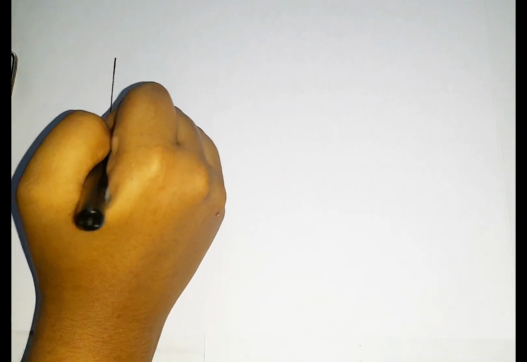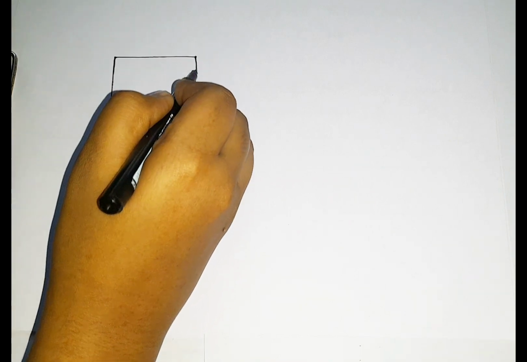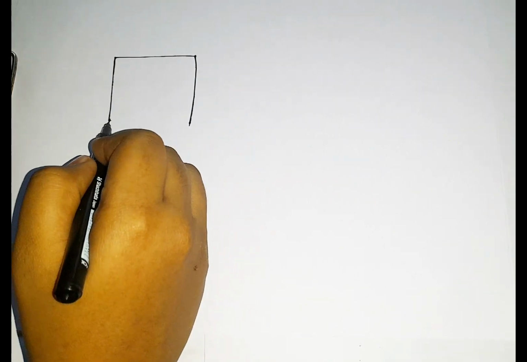To understand that, let us draw the figure again here, then only you will understand. I'm not going to use a scale right now. I'm going to draw a rough figure. So we are supposed to draw a cube, something like this. I'm just drawing like this.